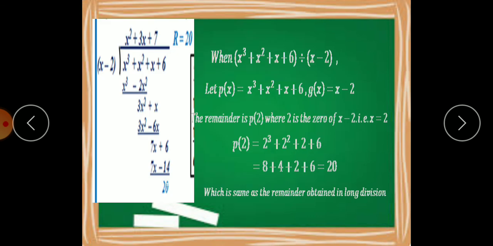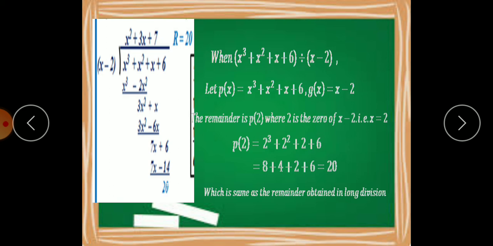Now suppose we are performing the division of polynomials, what we did in our previous class. When we do division of polynomials, at a certain stage we either reach 0 or a polynomial with degree less than that of divisor.